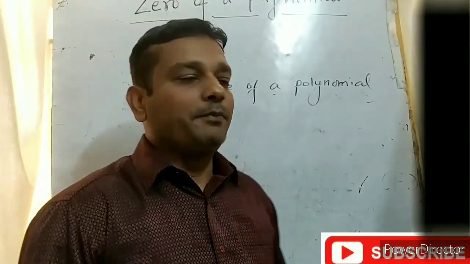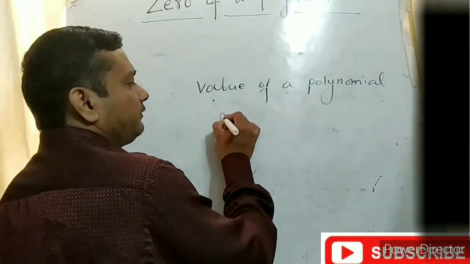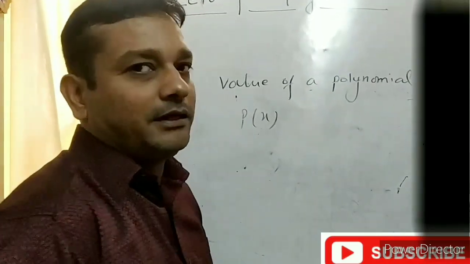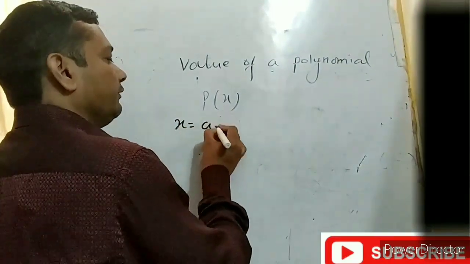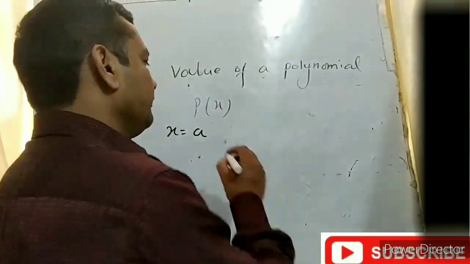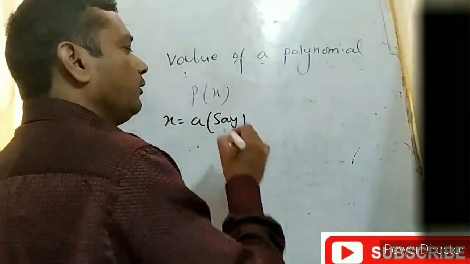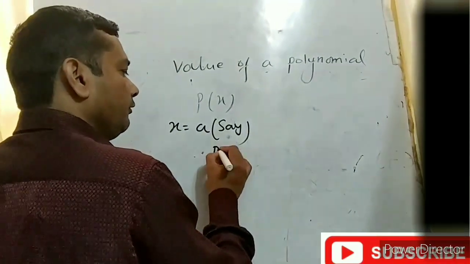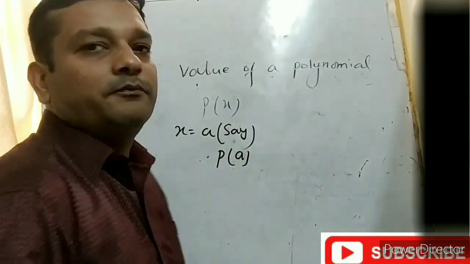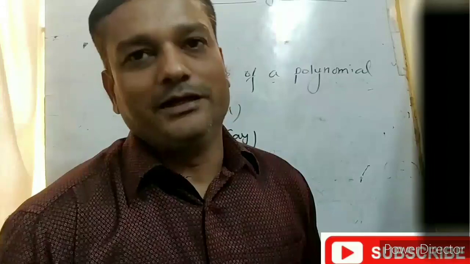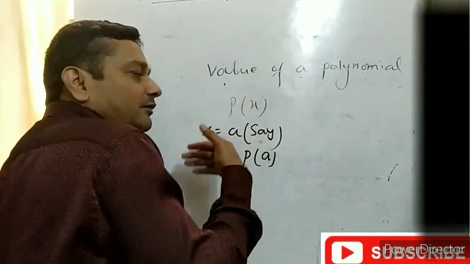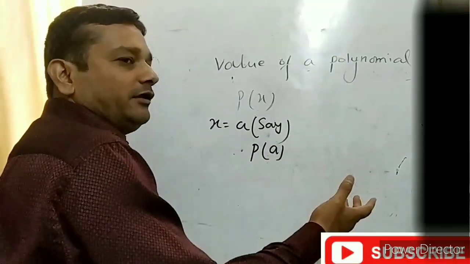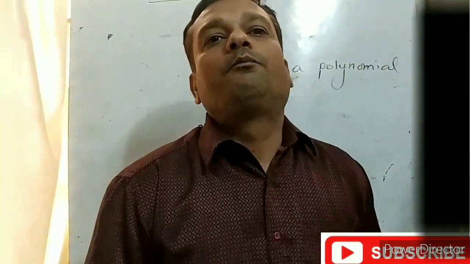Suppose p(x) is any polynomial, and if we put x is equal to a, then p(a) is called the value of the polynomial. Is this clear to you?